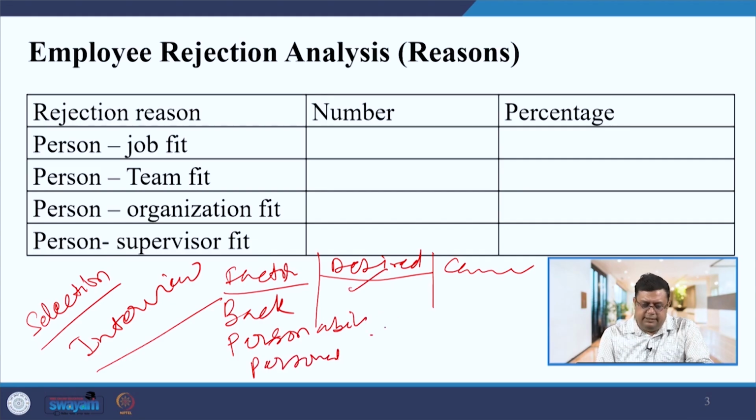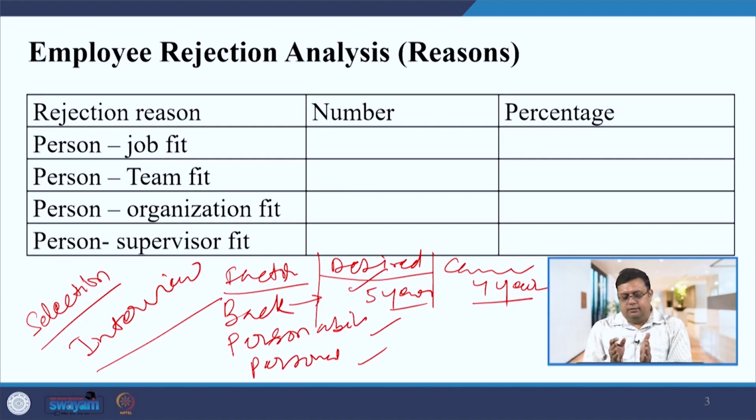And then what is the desired level? For example, for background, somebody may require 5 years of work experience, this is the desired. And how much is the candidate having? For example, 4. In the same way, the entire sheet can be prepared, and then the decision can be taken whether this candidate should be selected or rejected.